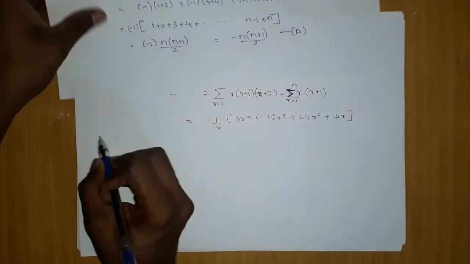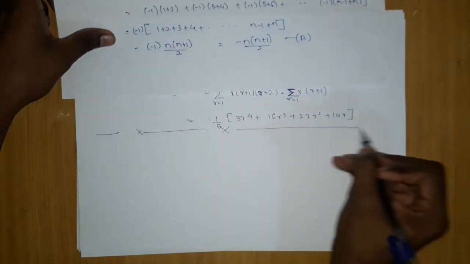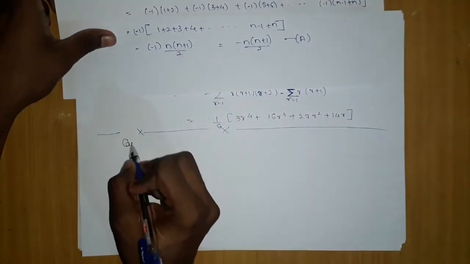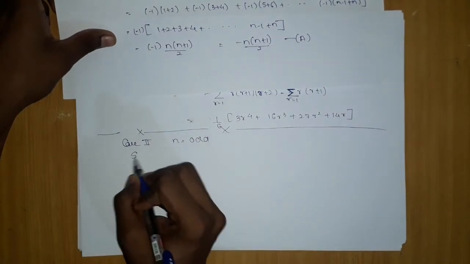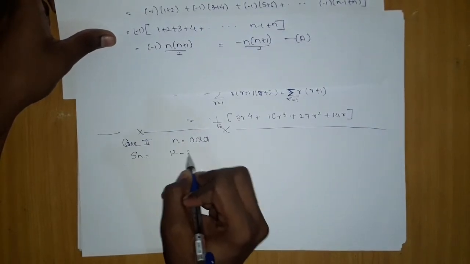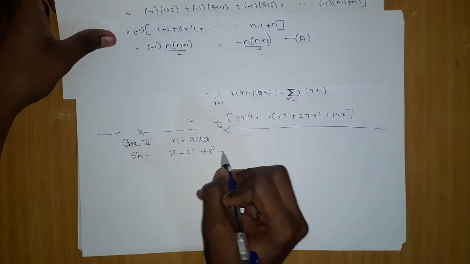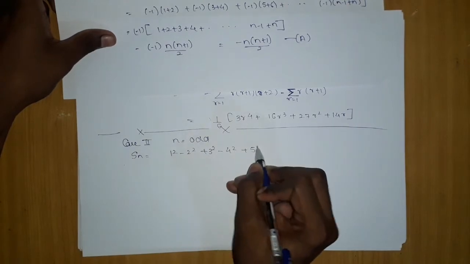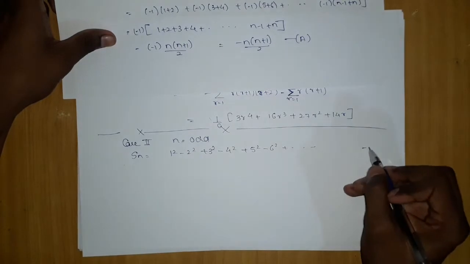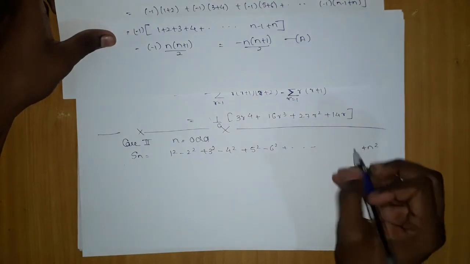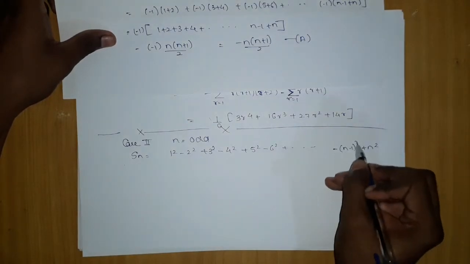Second, case 2. I will do it here only. Save my page also. Case 2 is what? n is odd. Sn will be what? 1 square minus 2 square. The starting will be the same, don't get confused in the starting, the last term will decide. See how it differs. The last is odd, so it will be positive, but before that it will be even, so it will be minus n minus 1 the whole square.